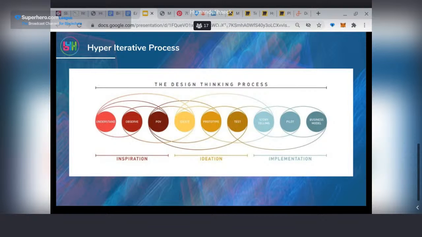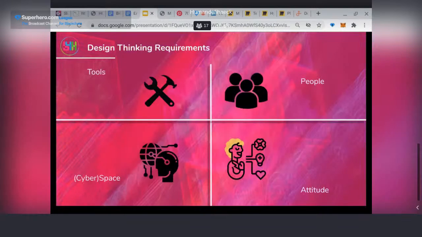And again, this is just a different framework, but the idea is more or less the same that we have spoken about before. When we are starting a design thinking process, and again, I don't want you to follow a full design thinking process.